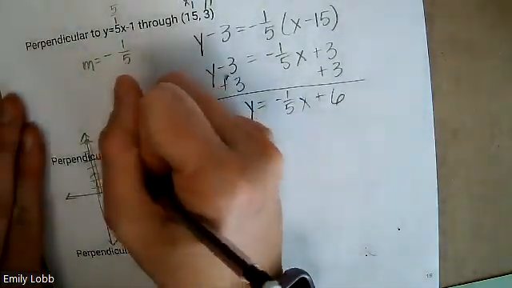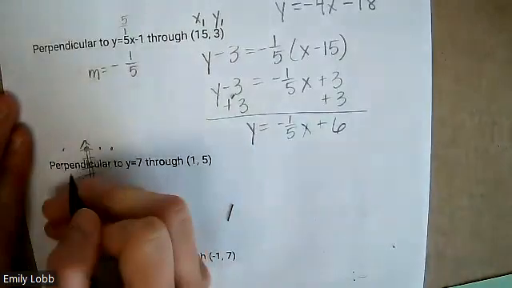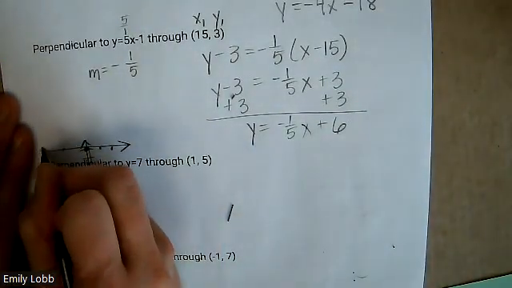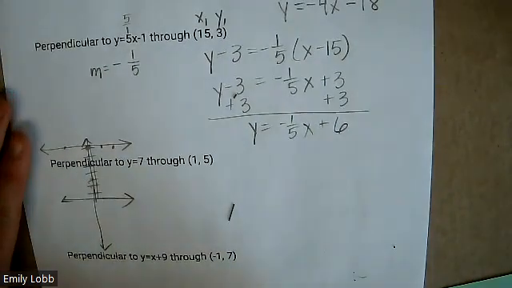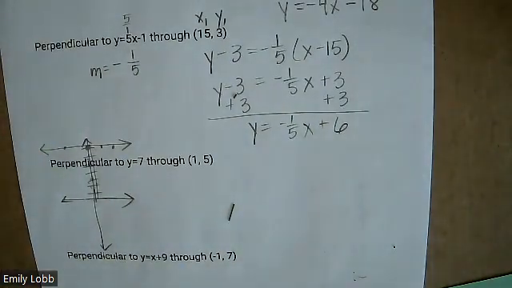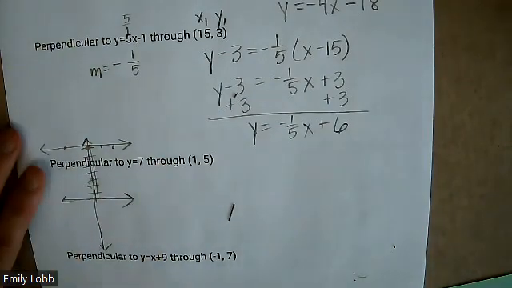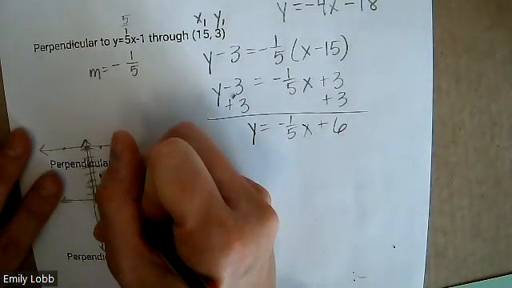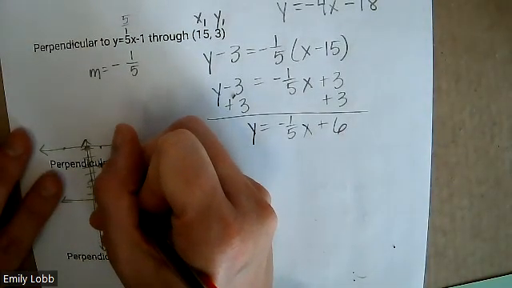Y equals 7 here and all the way across here. So this is a slope of 0. But we want it perpendicular. Going through the point 1, 5. So here's 1, 1, 2, 3, 4, 5.